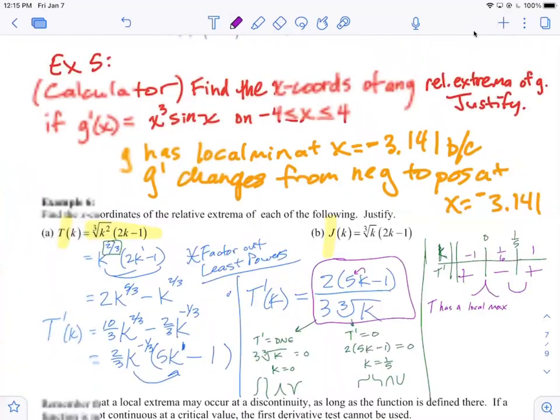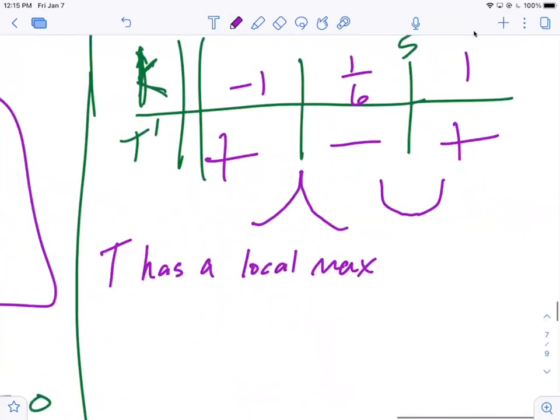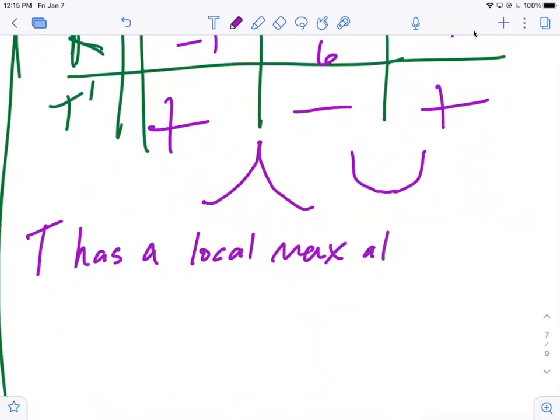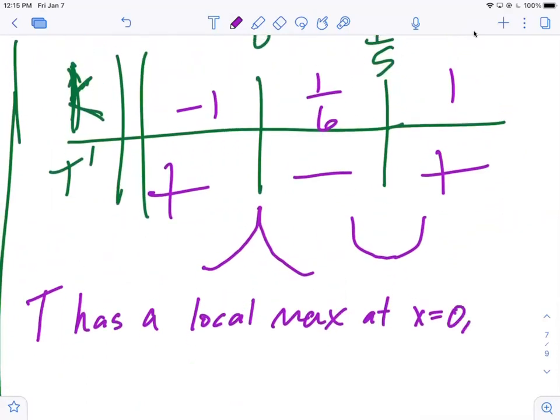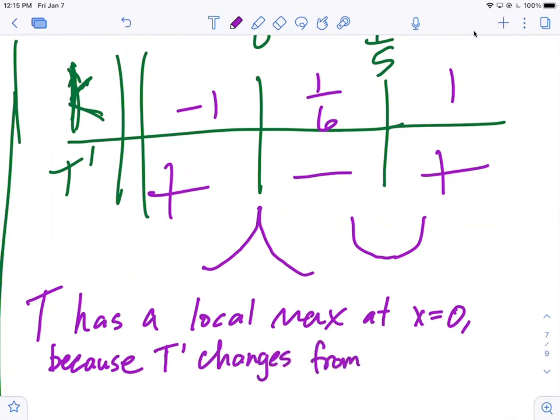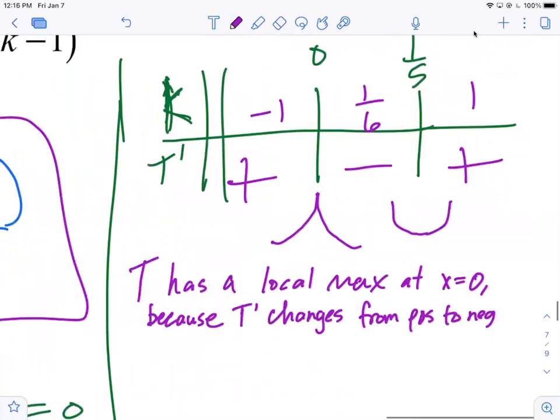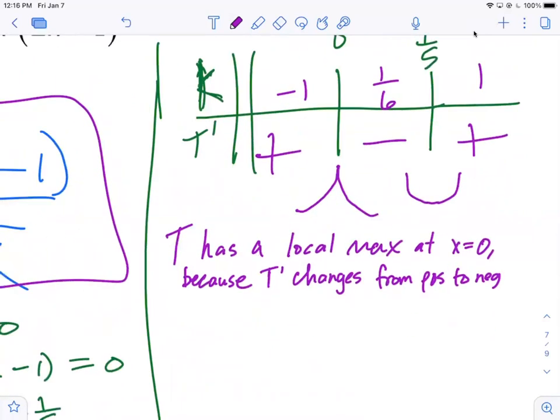Now, did it say find the x coordinates only? Okay, good. t has a local max at x equals 0, because t prime changes from positive to negative at x equals 0.